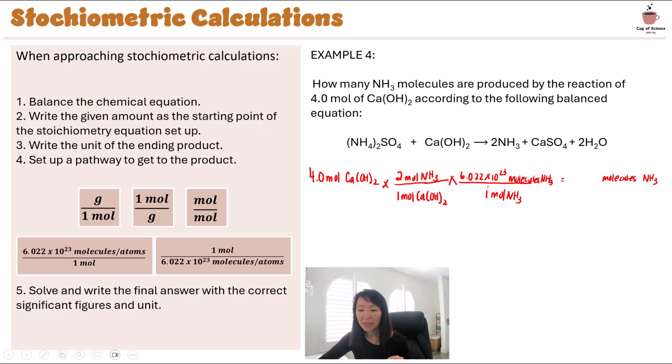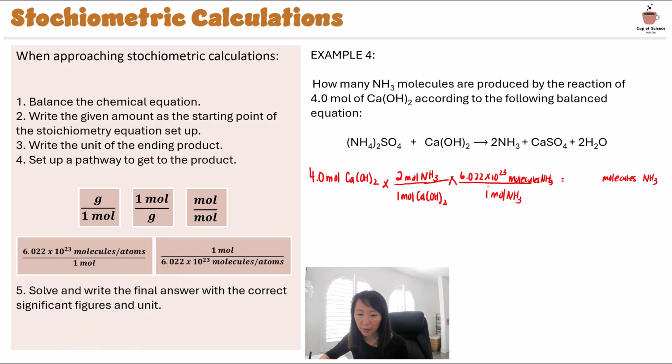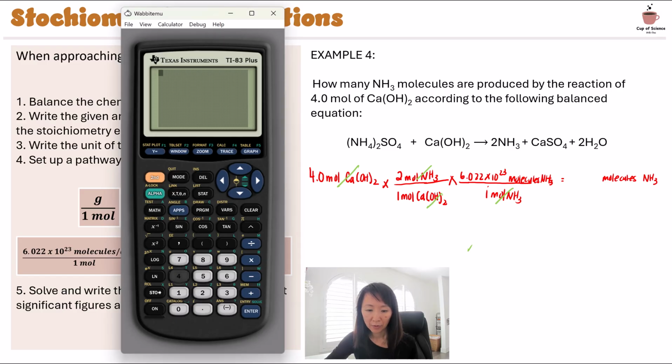So now we can cancel out all the units, and you'll see that it's left with just molecules of NH3. Moles of calcium hydroxide cancels out, moles of NH3 cancels out, and I'm left with molecules of NH3. So let's go ahead and put this in our calculator. 4.0 times 2 times Avogadro's number, 6.022 times 10 to the 23rd, and then I hit enter.